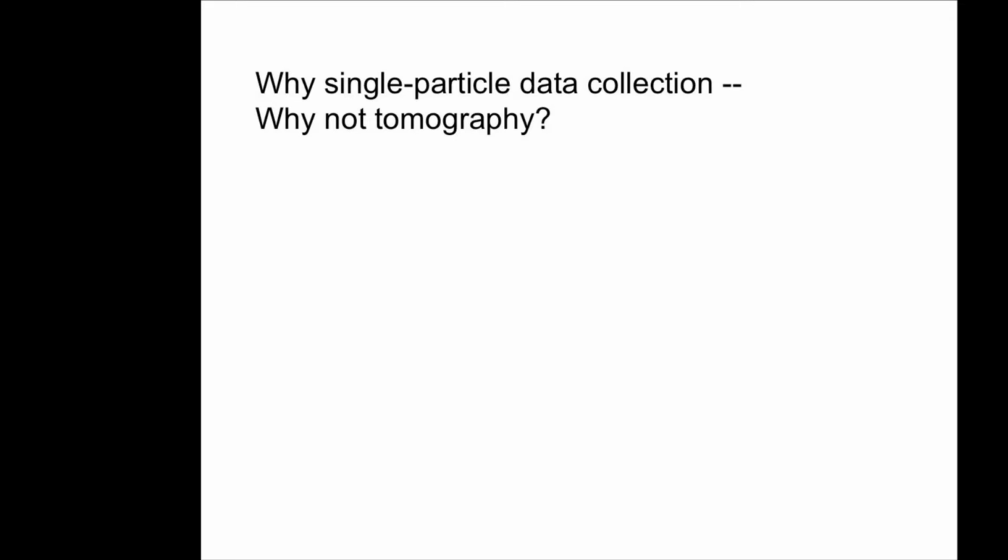What happens now? Okay. So now, why would we do single particle data collection, and why not tomography? The reason is radiation damage. If we have any kind of energy, for instance electrons, and they hit an atom, then there are two different ways of interaction, and one of them is inelastic and the other one elastic.